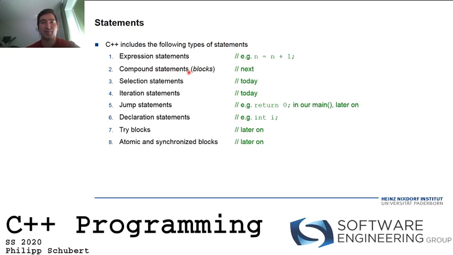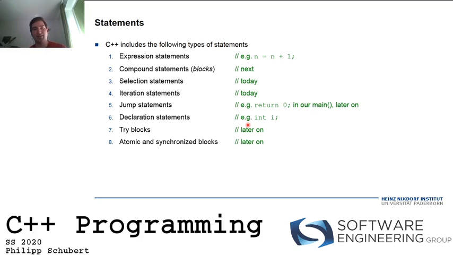We will also have compound statements, which we discuss on the next few slides. We have selection statements, which we will also discuss today. Iteration statements, also today. We also have some jump statements next time. We can have declaration statements, that's basically where we just declare a variable, for instance.